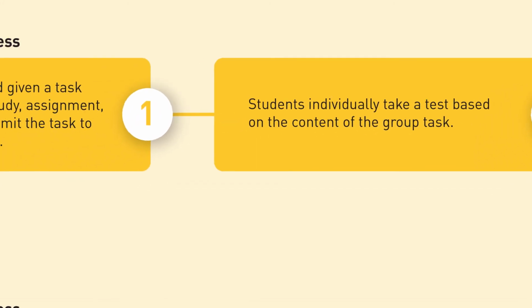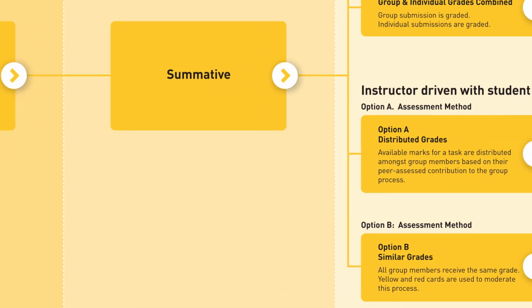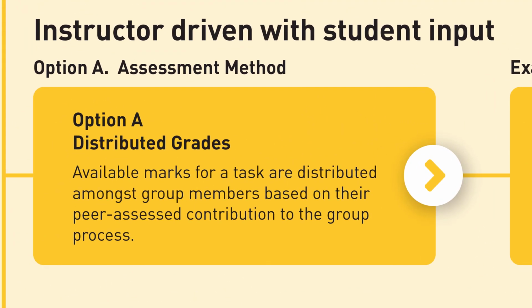If you are summatively assessing group work that has the goal of students developing professional communication skills and have decided that both the instructor and students should have input on the assessment, the first assessment method you could use would be option A, distributed grades. Assessment method. Available marks for a task are distributed to group members based on their contribution to the group process.